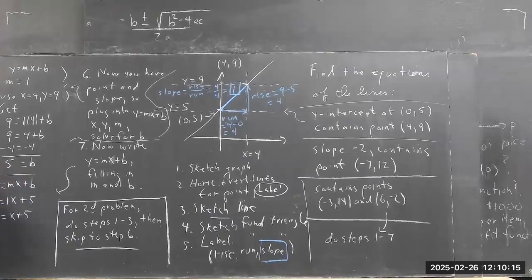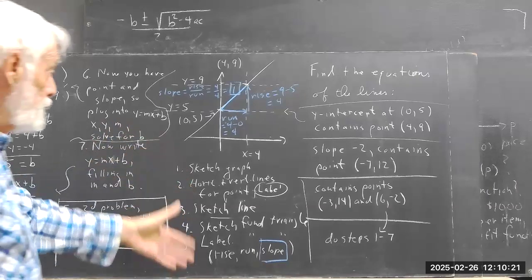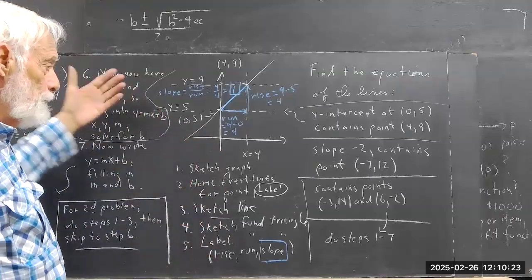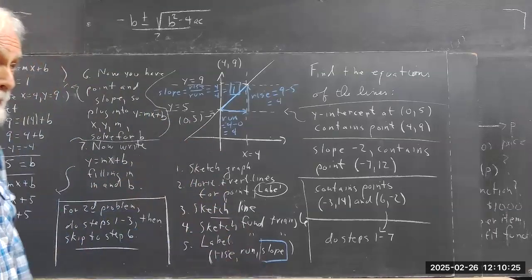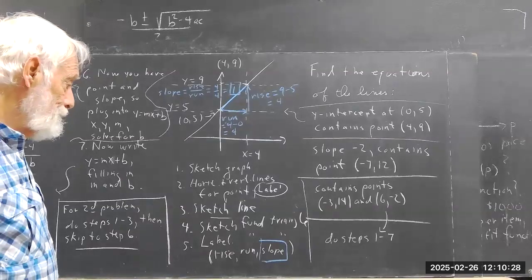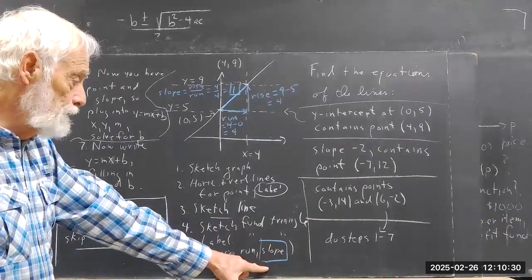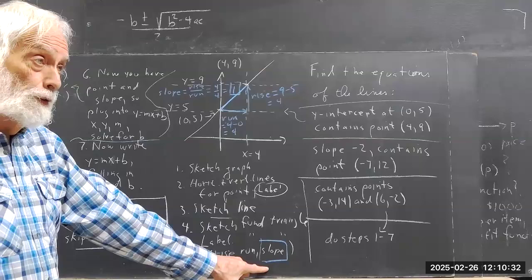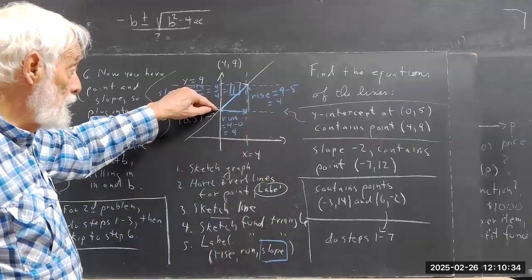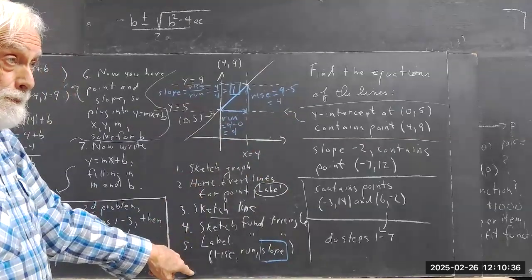B is going to equal y-intercept, right? Okay. So with some variations, if you always follow this procedure and skip what can be skipped, like at this point, once you got the rise, run, and slope, you're really done because you know the slope. If you know that this is a y-intercept, you can write your equation right now.